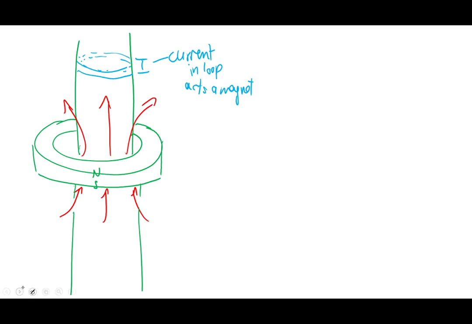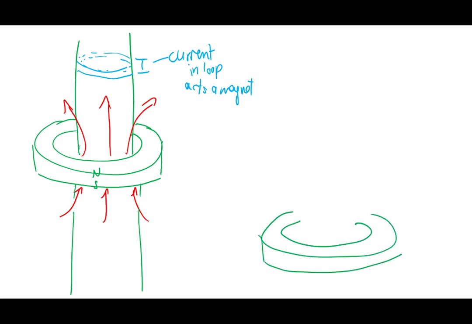Because as you fall with the magnet, now that the magnet has fallen a little further, the same loop here, again north, south, will be further away from the magnet.